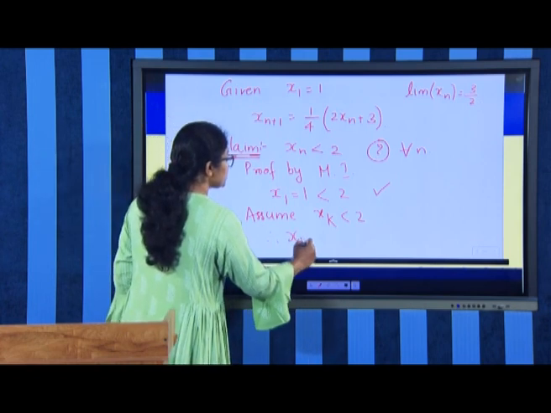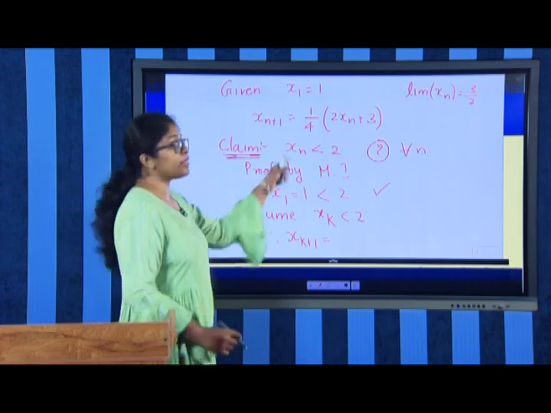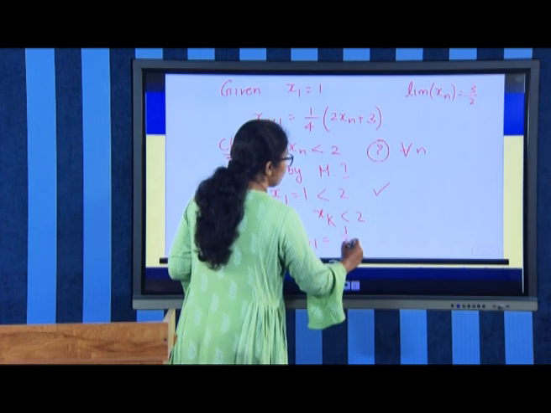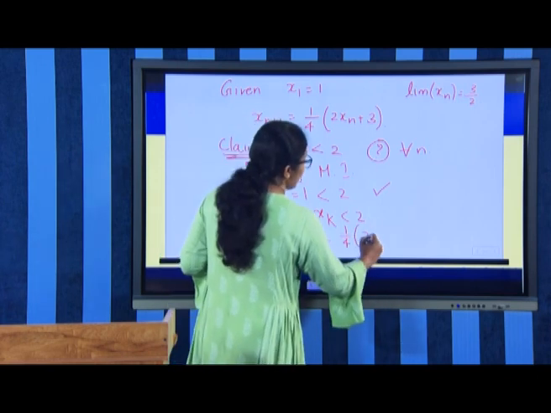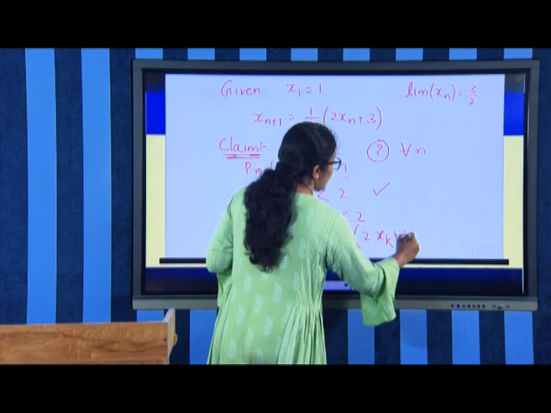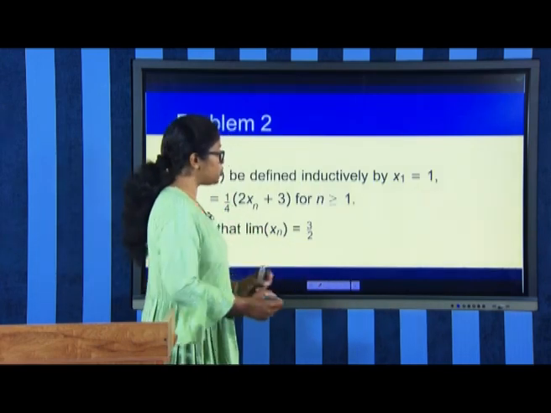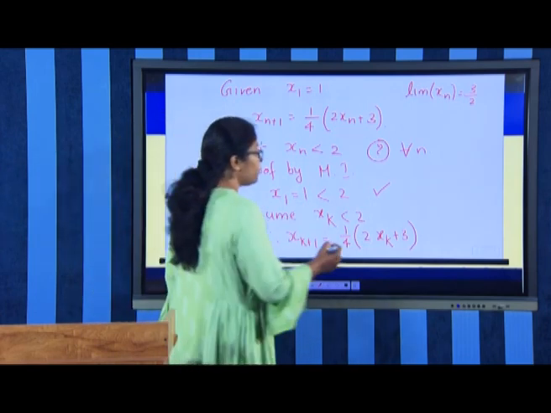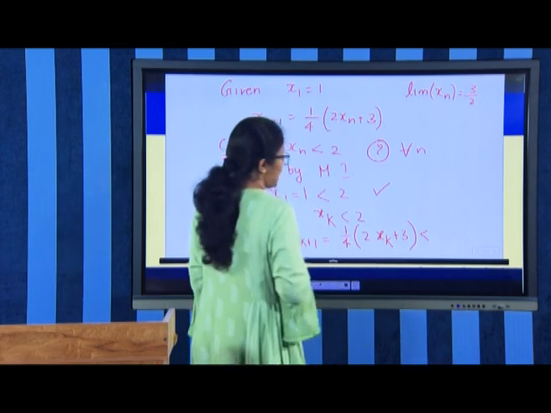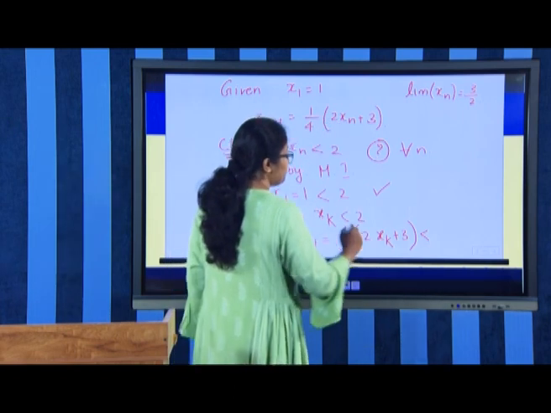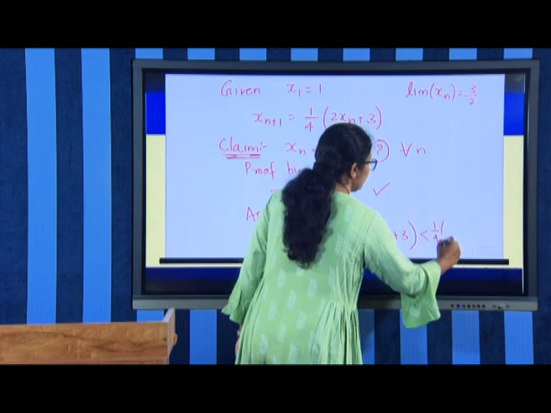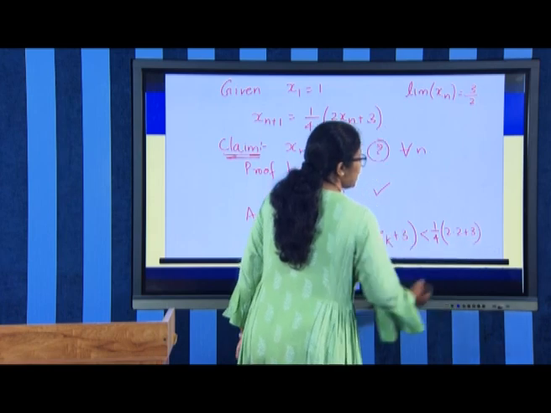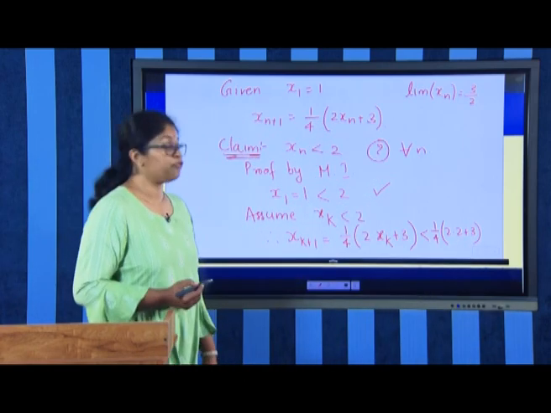Therefore, xk plus 1 is equal to, by the recursive definition, 1 by 4 into 2 xk plus 3, and since xk is given to be less than 2, we can replace this xk using an inequality: 1 by 4 into 2 into 2 plus 3, and that is nothing but 7 by 4.